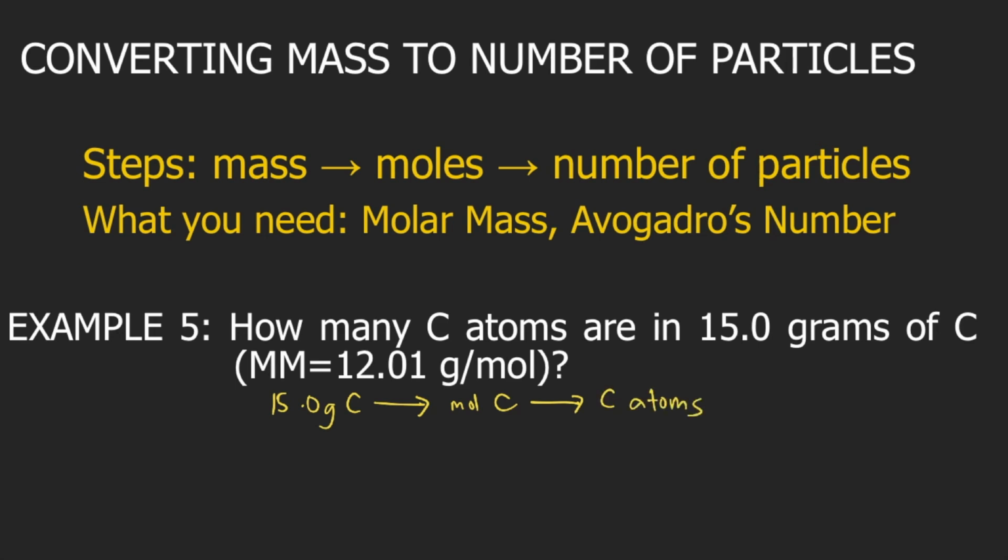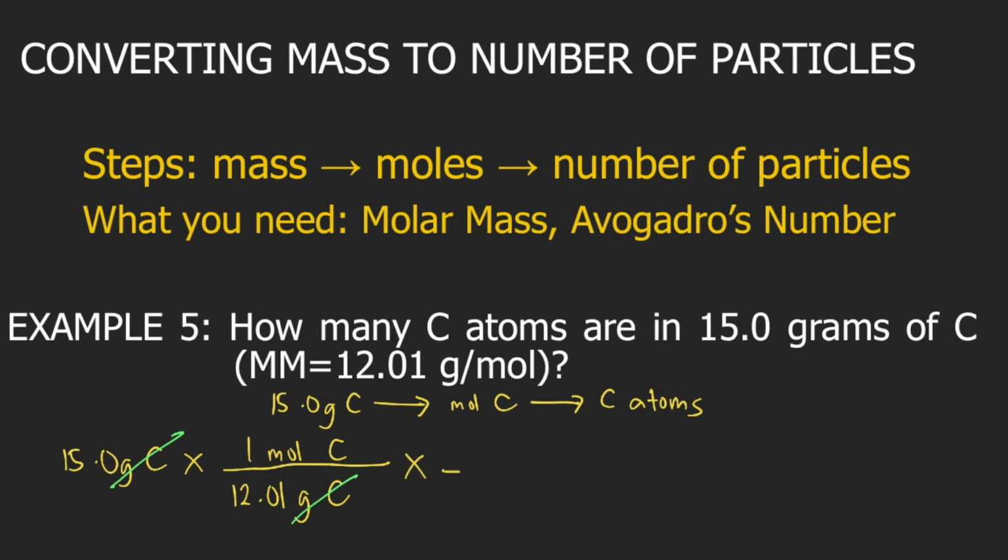So we start with the given 15.0 grams of carbon. According to the molar mass, 1 mole of carbon is equivalent to 12.01 grams of carbon. So grams of carbon will cancel out. Now we have moles of carbon.